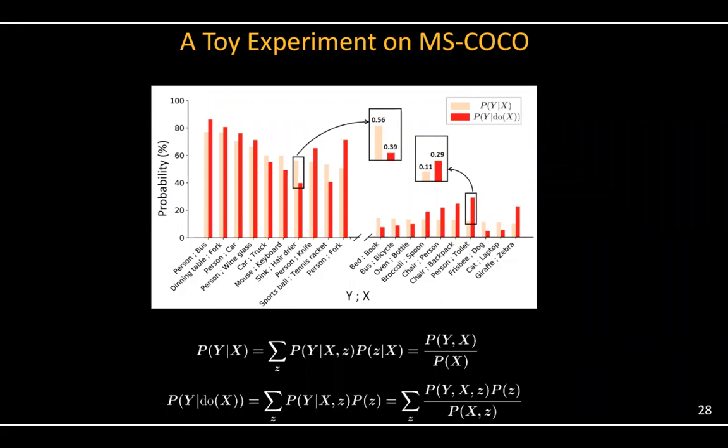So I have a question for this example. For person and toilet, which is X and which is Y? Here toilet is X and person is Y. Y is in the front, so person is Y, toilet is X. Because I'm not fully convinced that there's a causal relationship between these two.